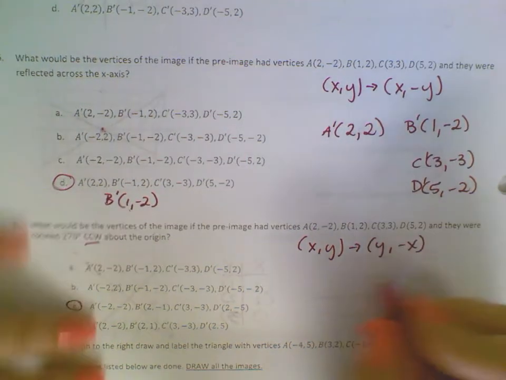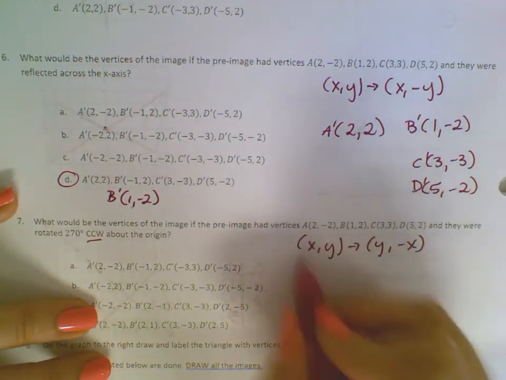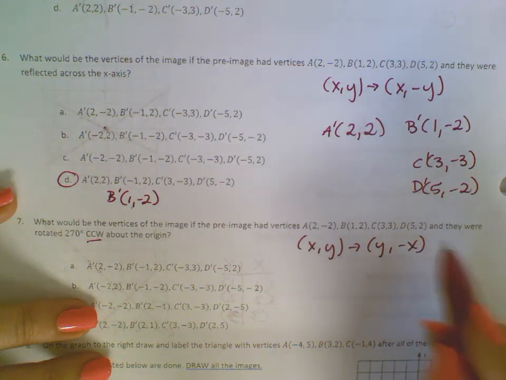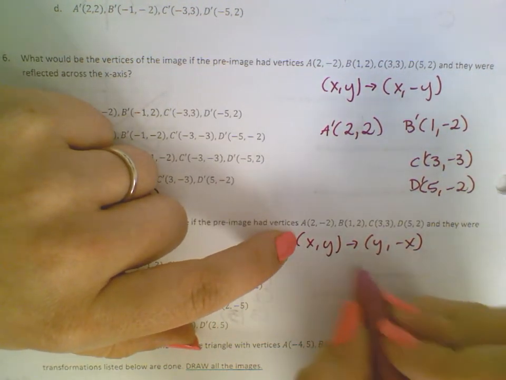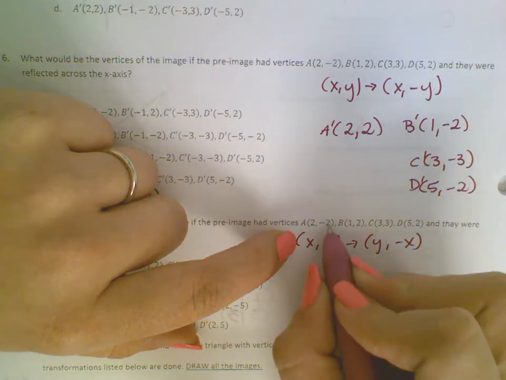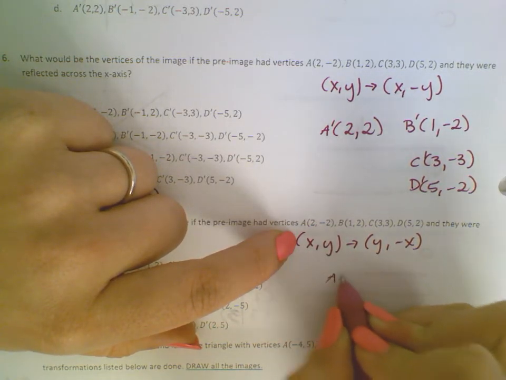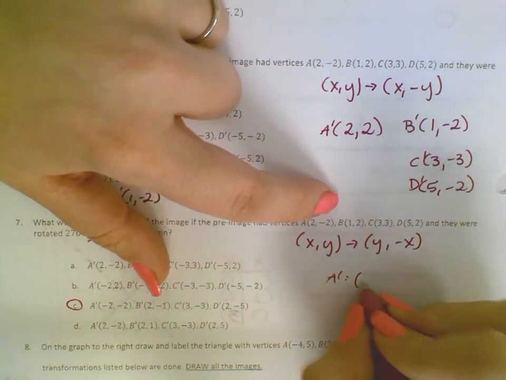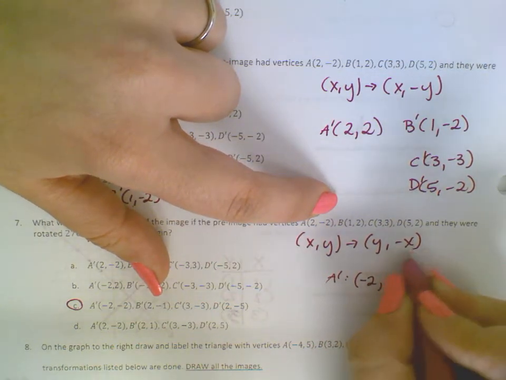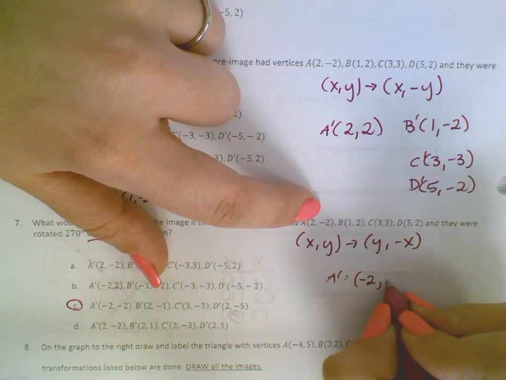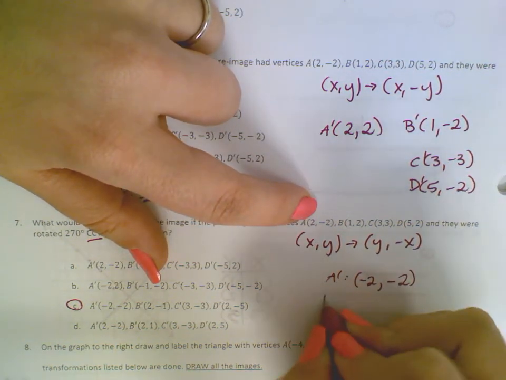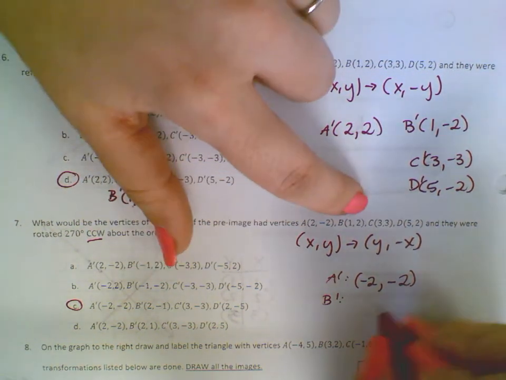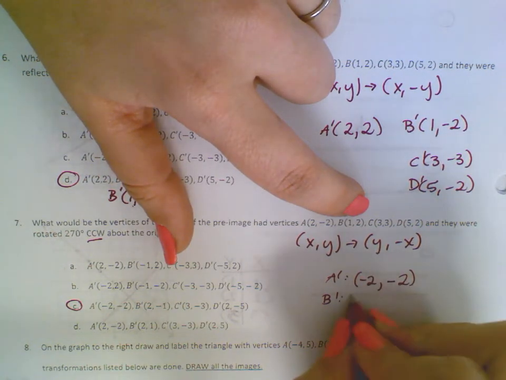Or what you could do is apply the rule to our vertices. So A prime, my y goes first, which is -2. Then I take the opposite sign for my x. So instead of +2, it becomes -2. For B prime, my y goes first, so it's 2.